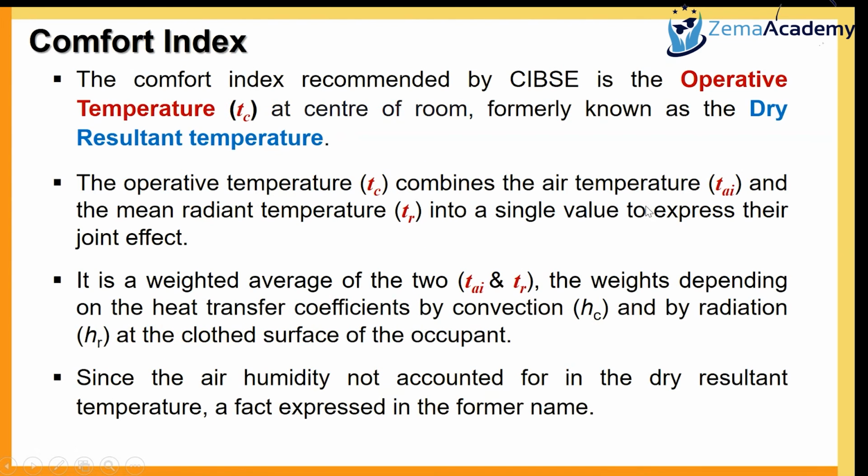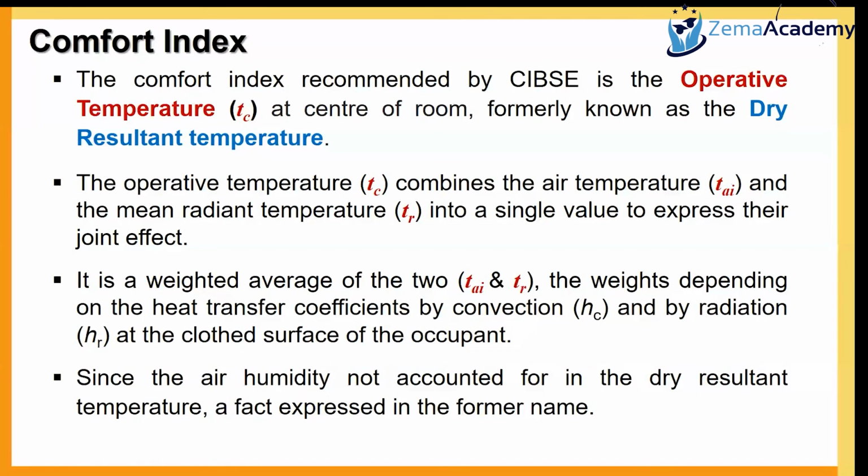Okay. So when we're looking at thermal comfort, we come up with a term which is called comfort index. Comfort index is recommended by CIBSE and is the operative temperature at the center of the room. Formerly, this temperature was called dry resultant temperature.